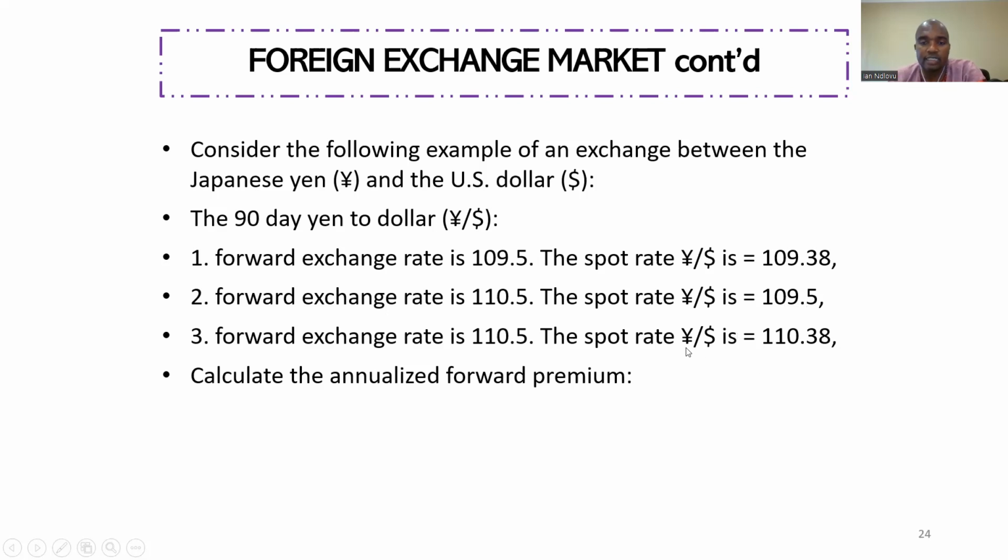And then for the last scenario, when we are given a forward exchange rate of still 110.5, the spot rate is 110.38. So what is required is for us to calculate the annualized forward premium. That's what is required.